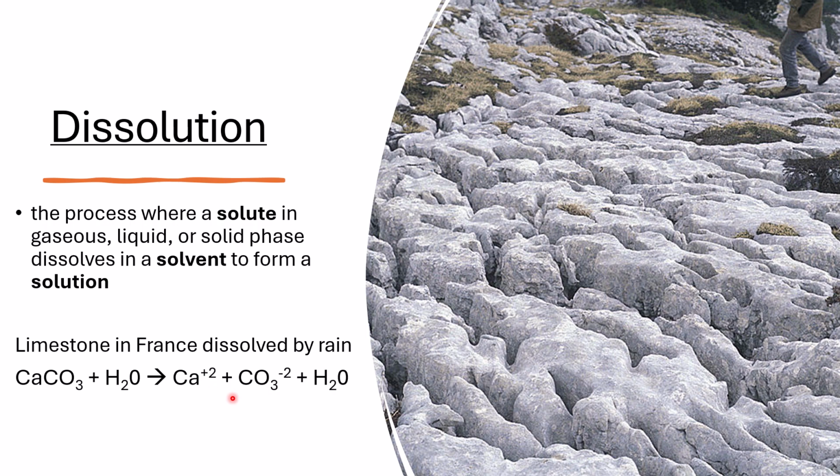And then also you have the other part of the mineral, the carbonate ion. It's an anion because it's negative. It's gained 2 electrons. And then you still have water floating around. So this is the process of dissolving.